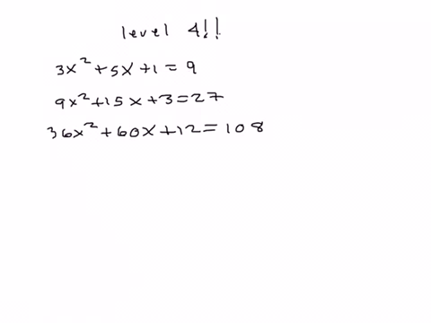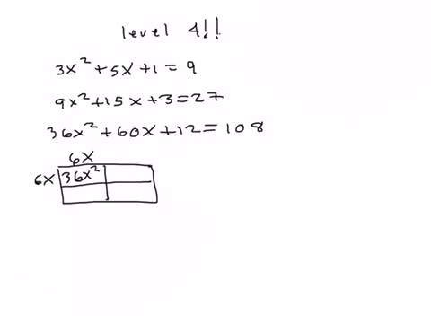Okay, now this is looking a lot better. Let's see why it looks so much better. The reason is that 36x squared is a nice perfect square. That's just 6x times 6x. That 60x, dividing it into 2 equal parts, is just 30x and 30x.